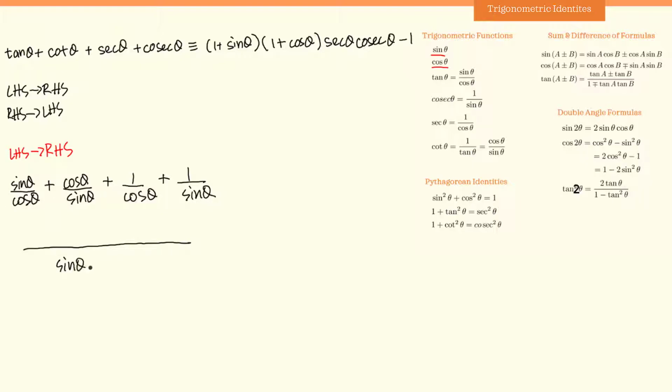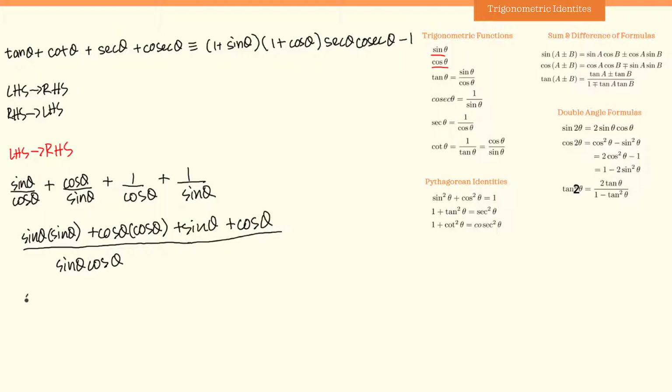So sine theta cosine of theta, and I'll need to multiply this fraction by sine of theta. So this becomes sine theta times sine theta, and cosine of theta gets multiplied by cosine of theta, so cosine of theta times cosine of theta, and this fraction gets multiplied by sine of theta, so plus sine theta, and this by cosine of theta, so plus cosine of theta.